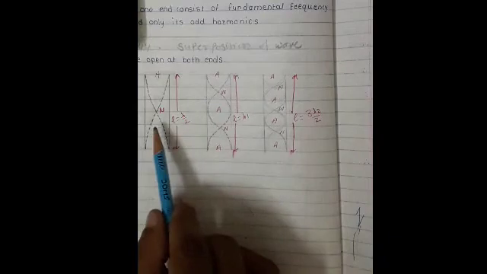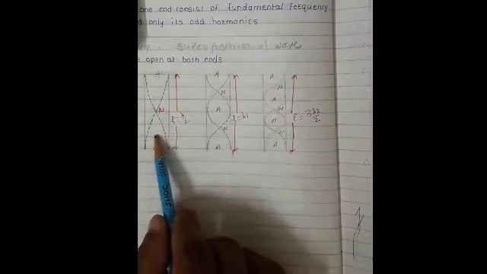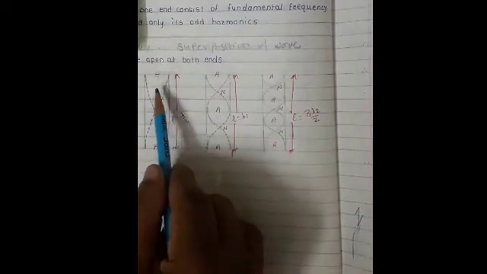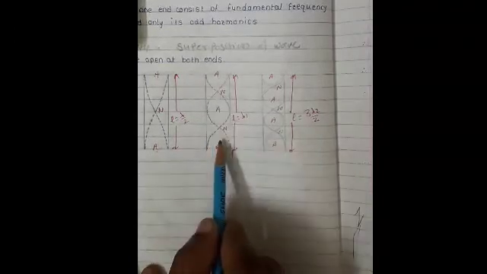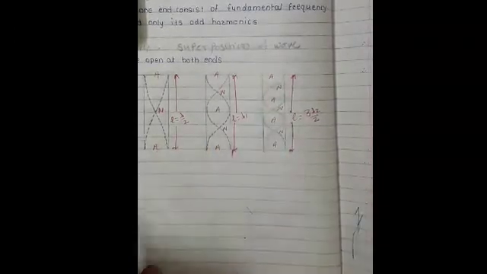Then, to draw the diagram when the pipe is open at both ends, we can use a trick. We have to remember that this diagram goes half, one and half, and two and half.